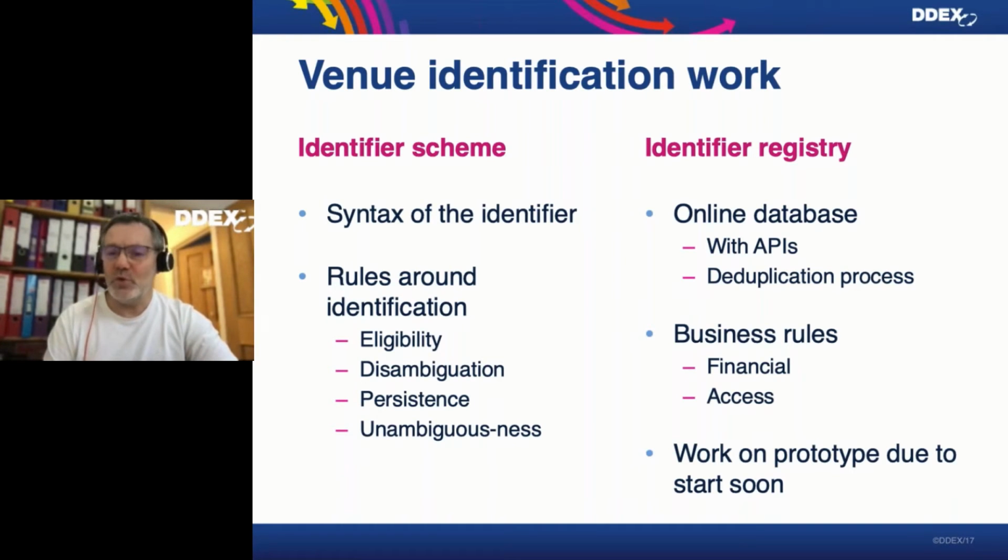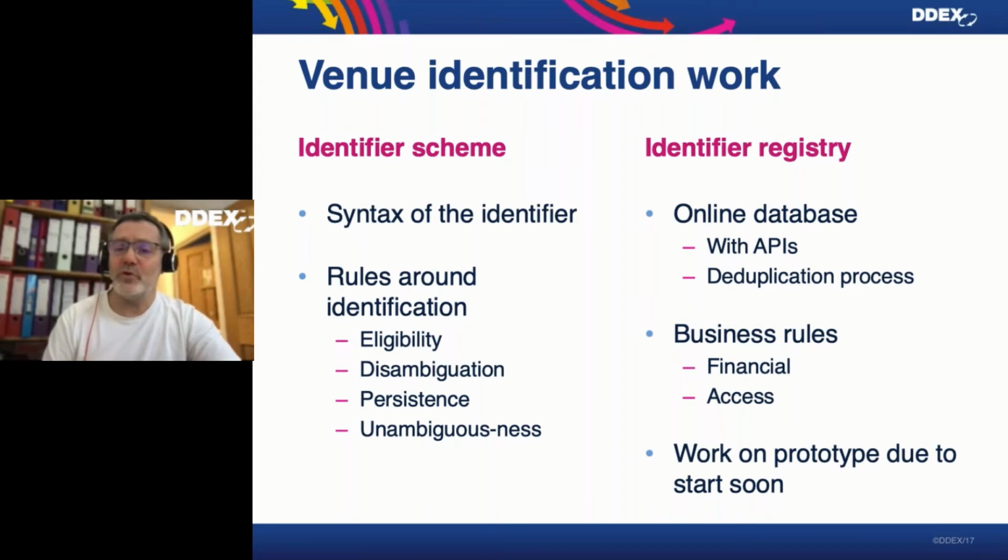Persistence. What do we do with identifiers for venues that have stopped to exist? Do we still need to identify, I don't know, the original Globe Theatre in London? Is that a venue that we need to identify?